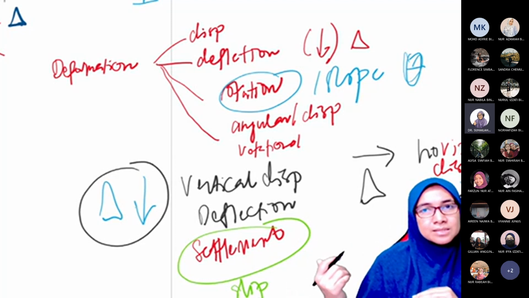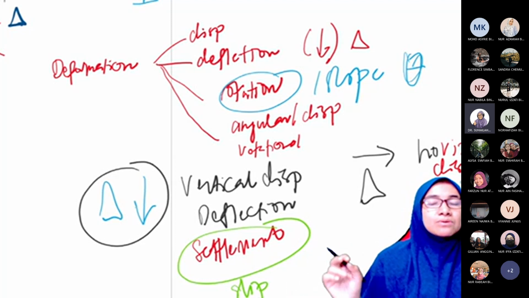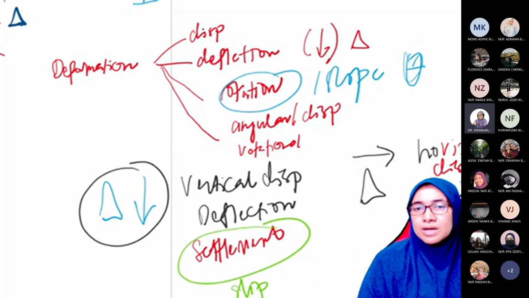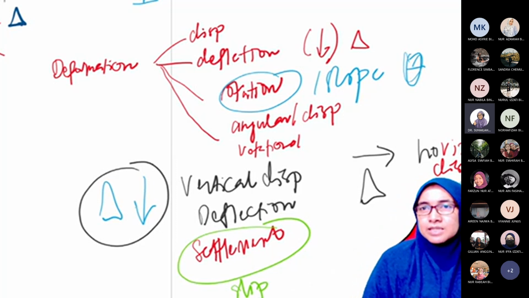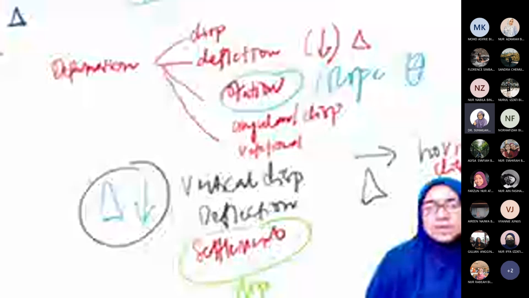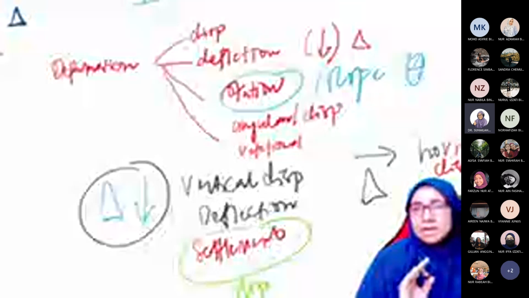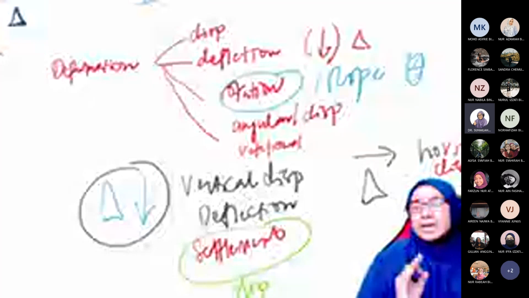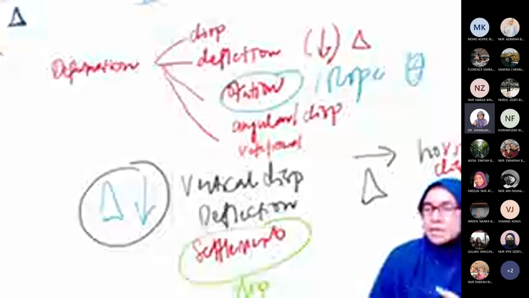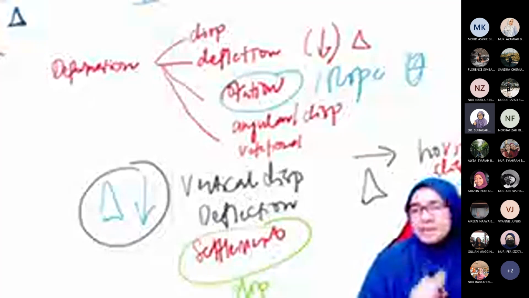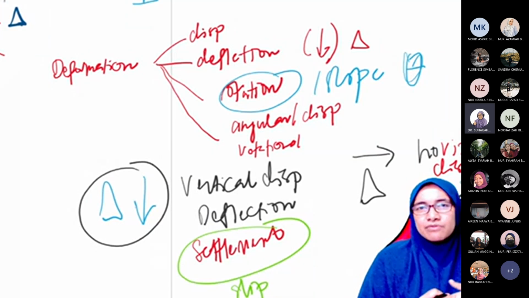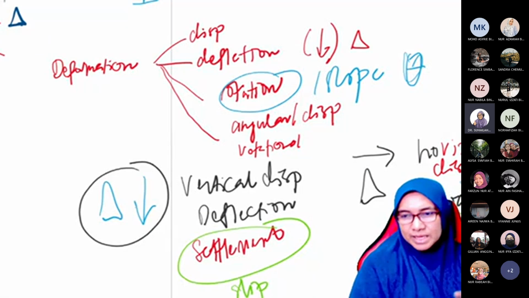That we call side sway. Sway also comes from displacement. It is horizontal displacement. Then we have vertical displacement, deflection. We also have rotational displacement, slope or rotation.